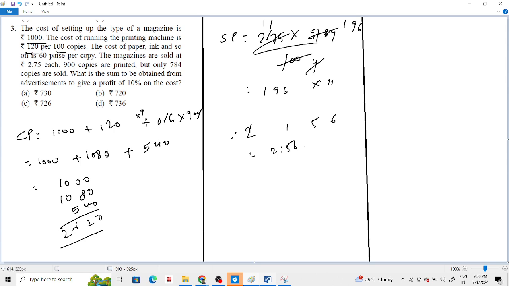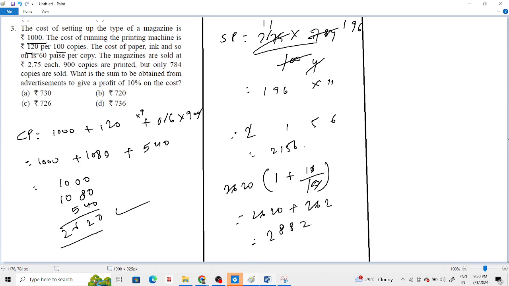So what is the sum to be obtained from the advertisements to give a profit of 10% on the cost? Fine. So what is my CP? CP is this. I need to make 10% profit, right? There is going to be 2882. This is going to be my actual SP.